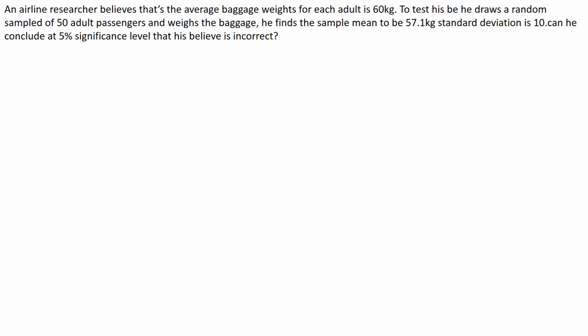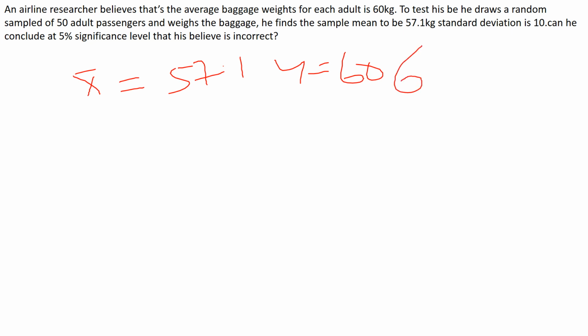So now we can plug in. We know that in this case our sample mean is equal to 57.1, and also we know that our mu is equal to 60, and our standard deviation is equal to 10, and our n is equal to 50.